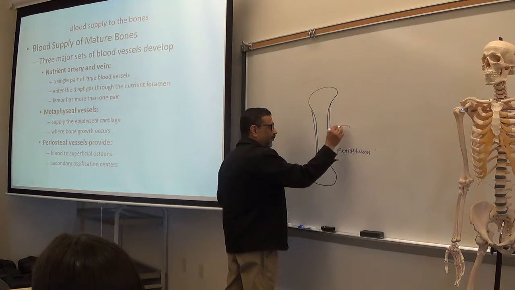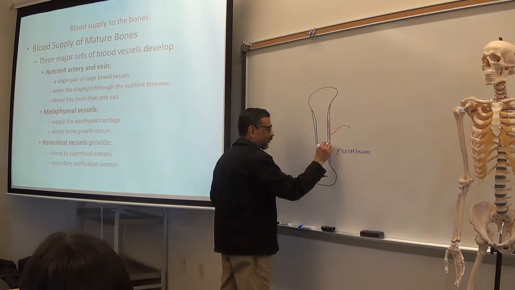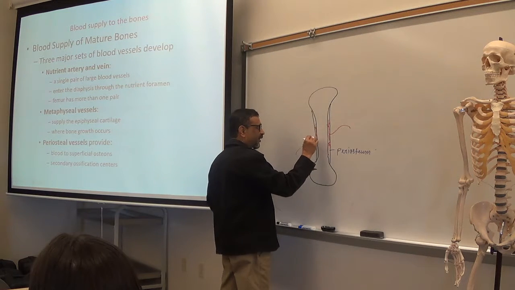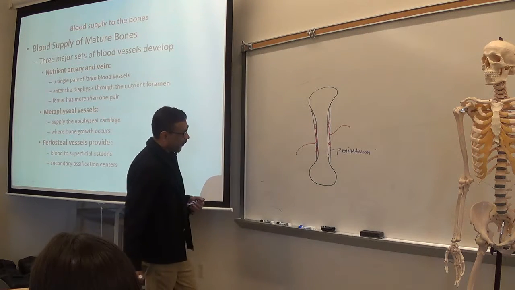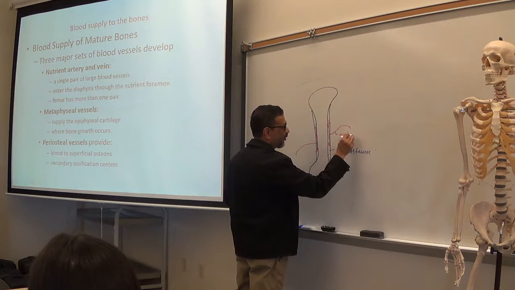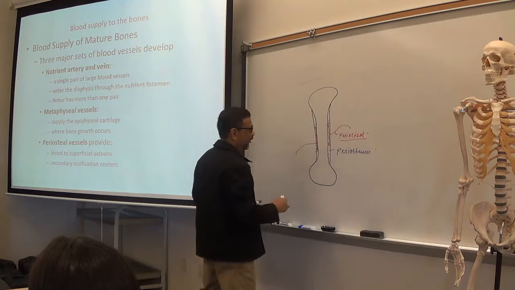So, blood vessel that supplies blood to the covering of the bone, that is called the periosteal blood vessels. Makes sense? Periosteal artery and vein. So this is periosteal blood vessels.